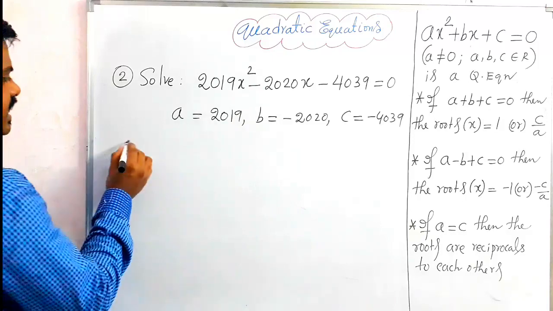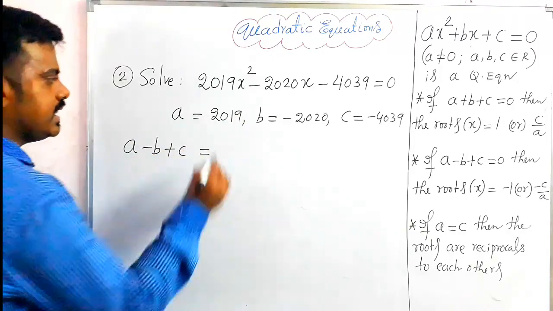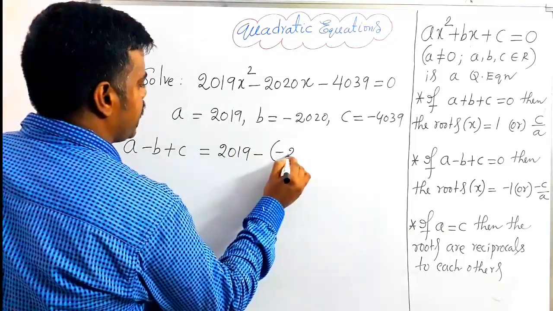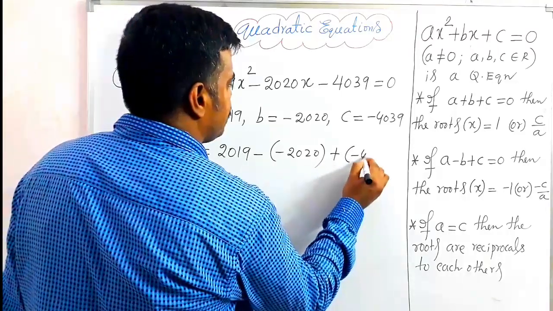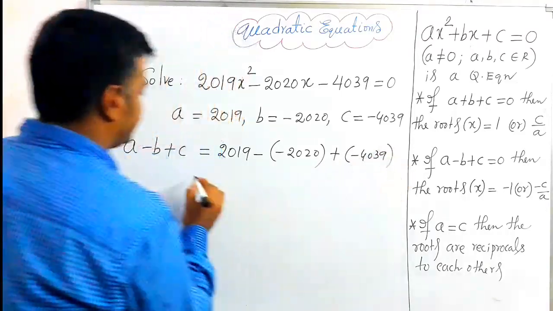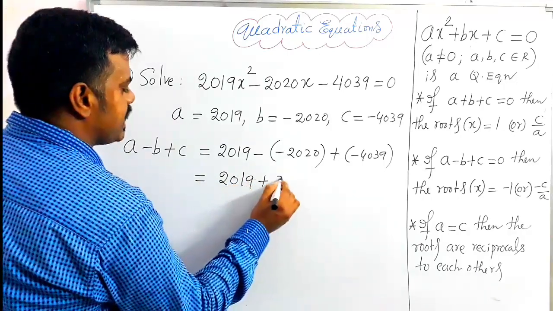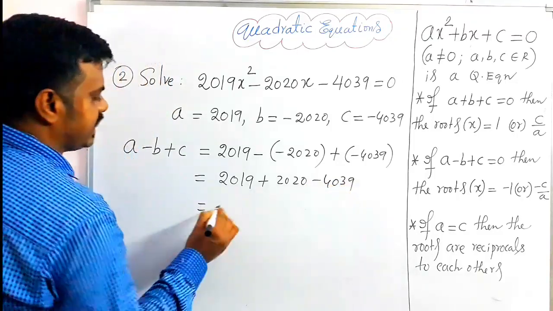If you observe here, a minus b plus c, you find out. A is 2019, minus b is minus of minus 2020, plus c is minus 4039. Then it will be 2019 plus 2020 minus 4039.